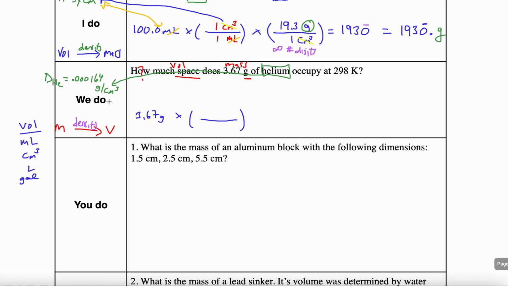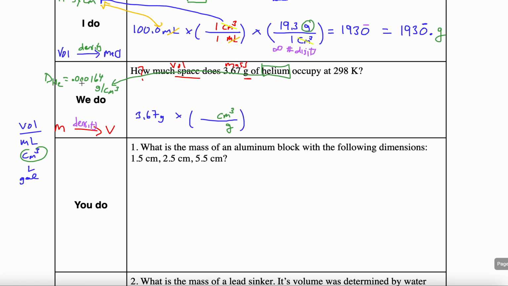The density fractional unit has centimeters cubed in it, so that's what I'm going to strive for since it doesn't tell me anything else in the problem. So I'm going to go from grams to centimeters cubed, and I want to be able to reduce out the grams. So when I read this, the density value is 0.000164 grams per centimeters cubed.